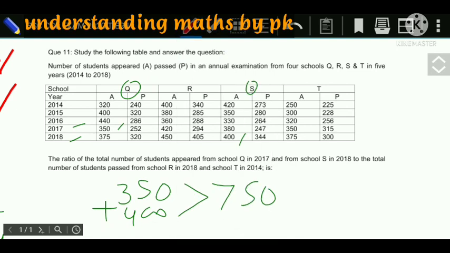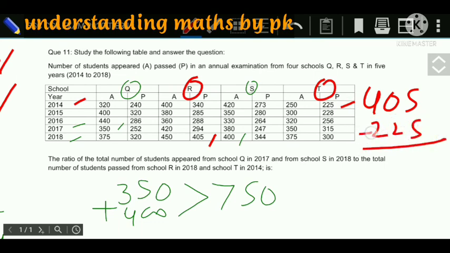Now school R, this is school R, passed in 2018, 405. And school T, this is school T in 2014, this is 2014, passed, this is here 225.